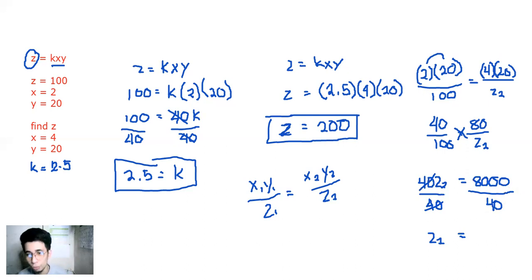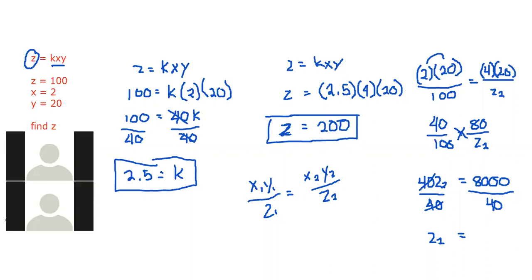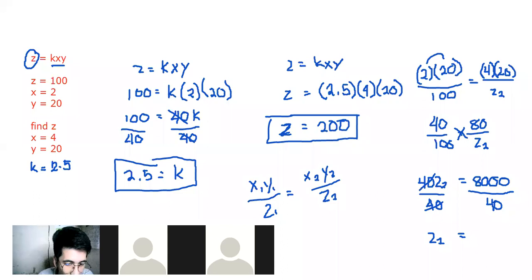What is the value of 8,000 divided by 40? 200. Okay, 200.